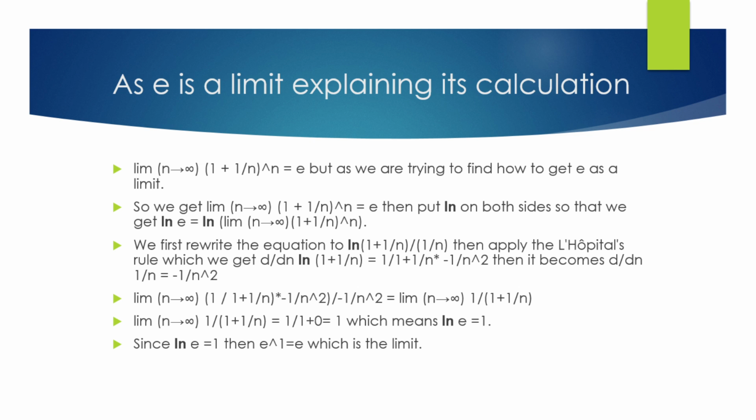Then apply L'Hopital's rule, which gives us d/dn of natural log of (1 + 1/n), or let me clarify, 1 over (1 + 1/n) times the derivative of 1/n, which is negative 1 over n squared, divided by d/dn of 1/n, which equals negative 1 over n squared.